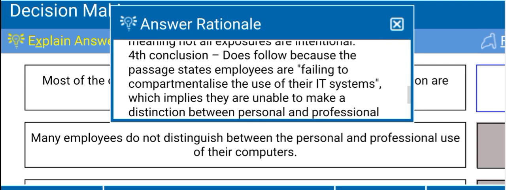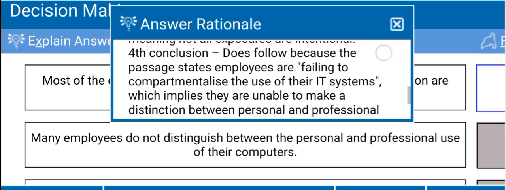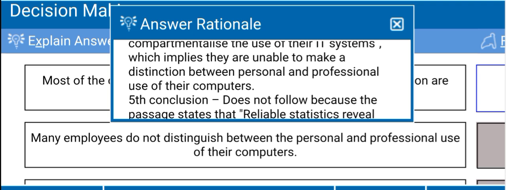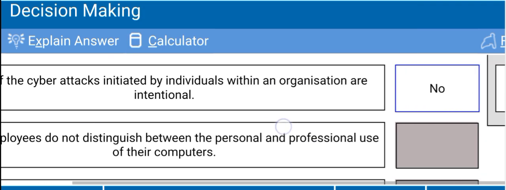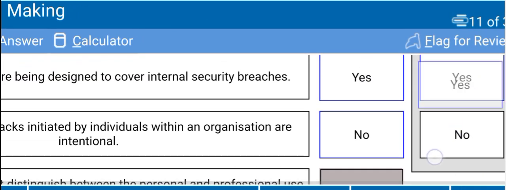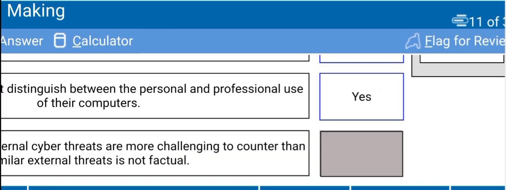It does follow because the passage states employees are failing to compartmentalize the use of their IT systems, which implies they are unable to make a distinction between personal and professional use of their computers. So this one does follow, so that's why we will drag a yes and drop it in front of this box.